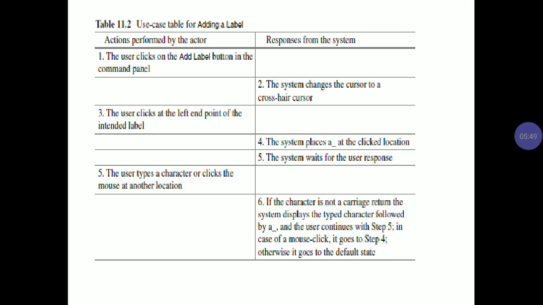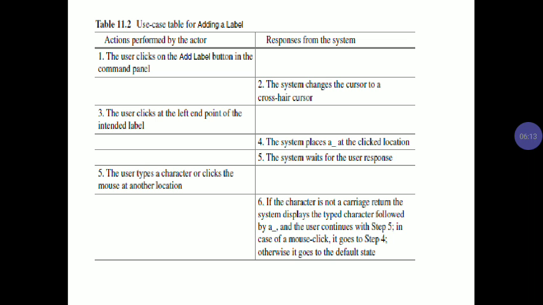Next is the use case table for adding a label. The left side is the actions performed by the actor, and the right side is the responses from the system. Here you see the sequence of operations. First, the user clicks on the add label button in the command panel.